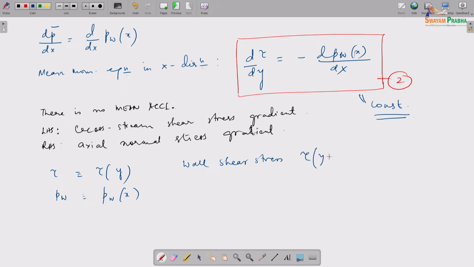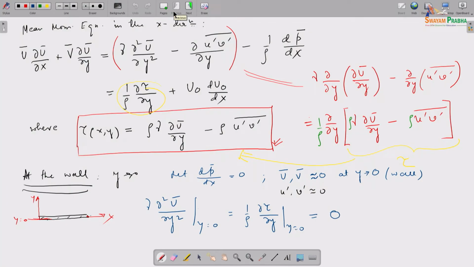So the shear stress at y equal to 0 is tau wall, which we can call tau wall, okay. Now the wall shear stress, which is tau wall, and the viscosity, these are important parameters.